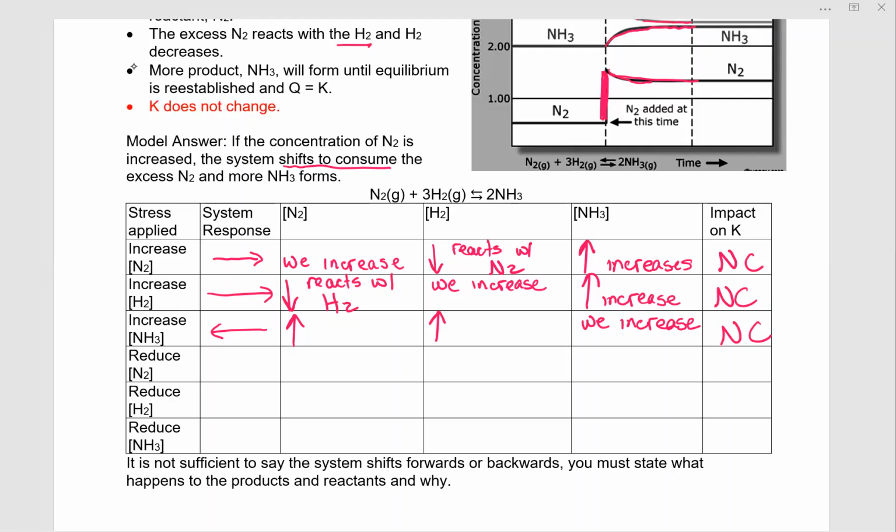Now let's look at reducing concentrations. So we're going to reduce the amount of nitrogen here. Now we don't have enough nitrogen in the system. The denominator is too small, so the reaction is going to shift to replace the missing N2. So we decreased.